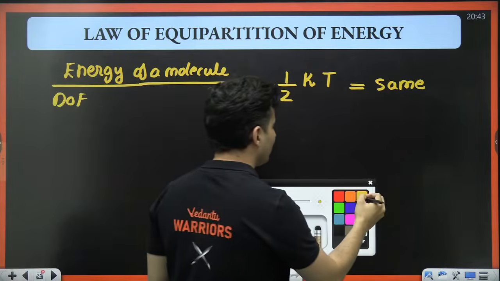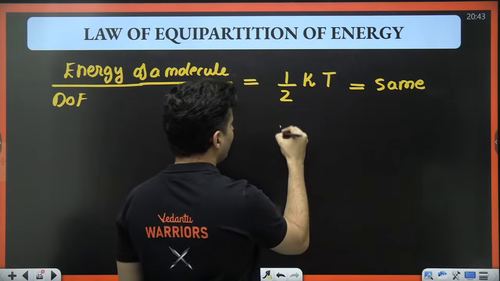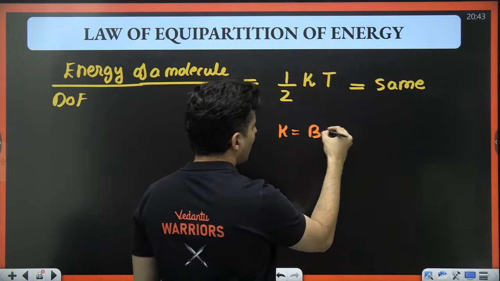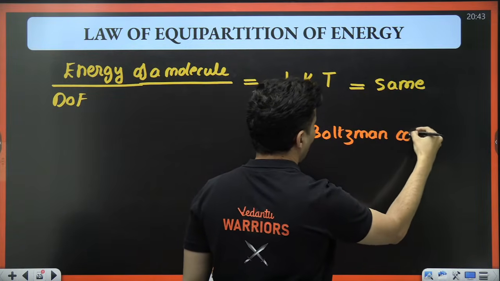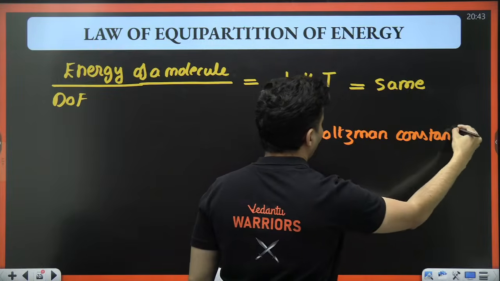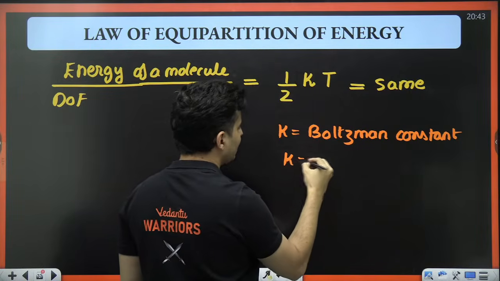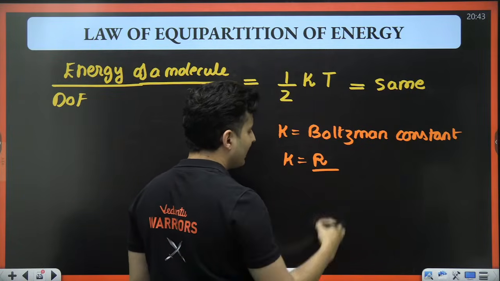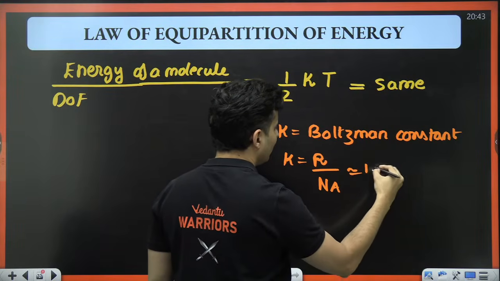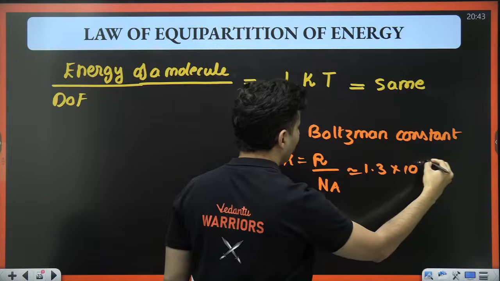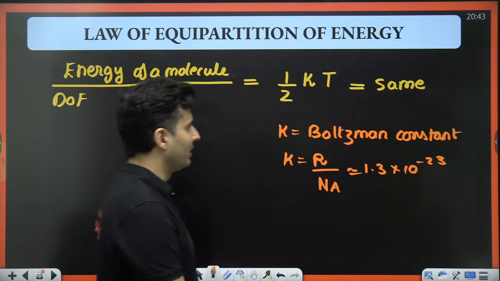If you are wondering what this value of k is, this k is nothing but your Boltzmann constant, and this Boltzmann constant is nothing but the gas constant divided by Avogadro number. Approximately it is 1.3 into 10 to the power minus 23 in SI units.